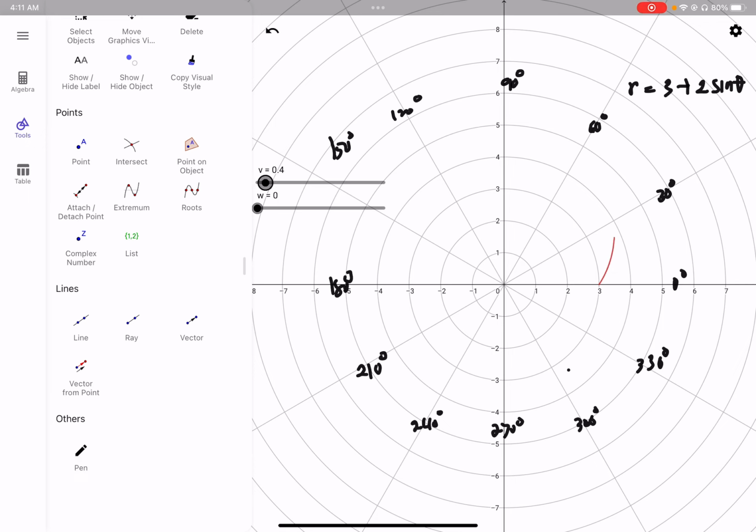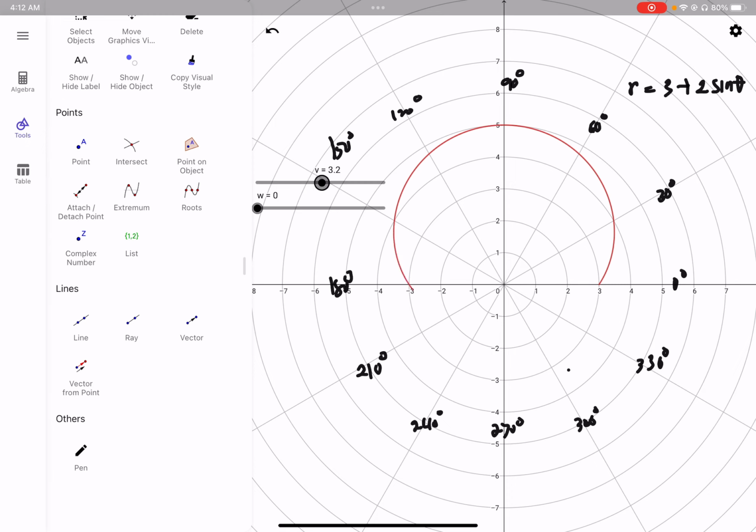However, at 30 degrees, sin 30 is one half, times 2 would be 1, making it 3 + 1 = 4. At 90 degrees, sin 90 is 1, times 2 makes 2, plus 3 makes 5. So at 90 degrees, it's 5.